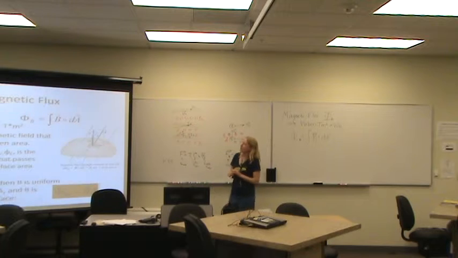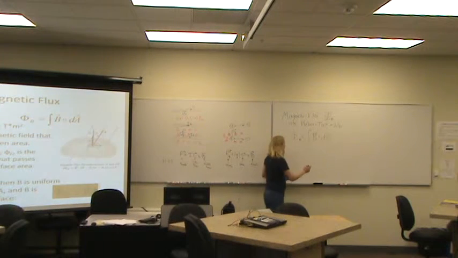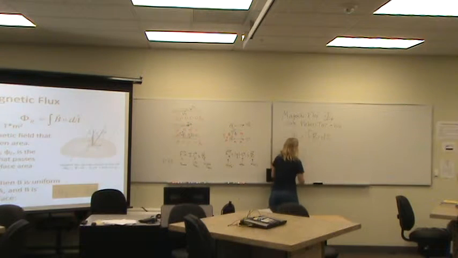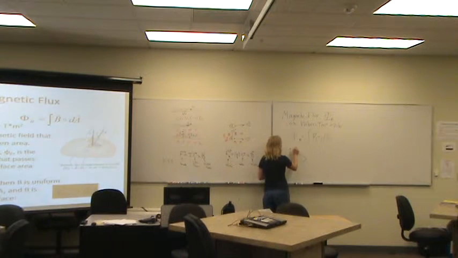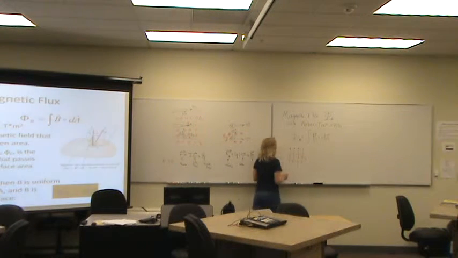So the flux is going to depend on the angle that that wire makes with the B field. If the B field is coming out of that wire at a 90-degree angle, that's going to maximize your flux.